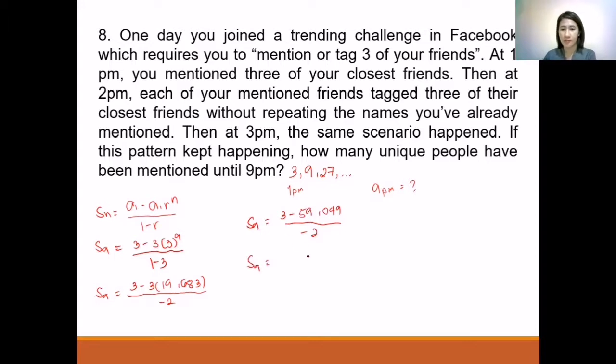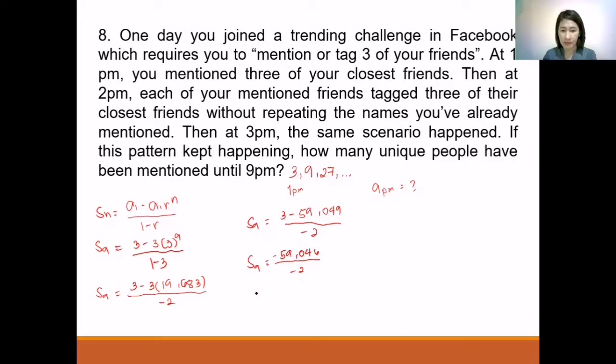So 3 minus 59,049, that is negative 59,046, and then divided by negative 2. So since again they are both negative, our result will be positive.